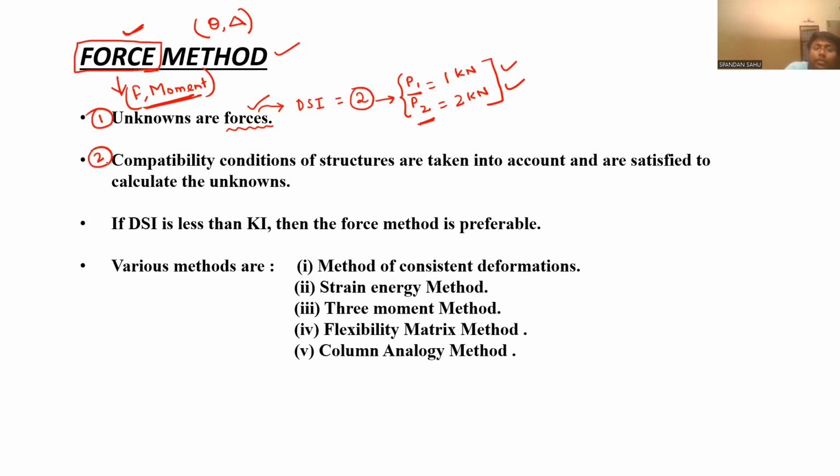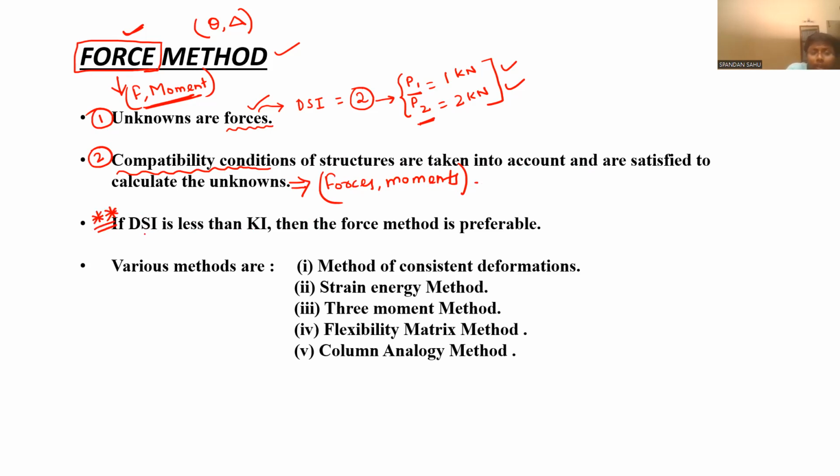The second step of this force method is that compatibility conditions of the structure are taken into account and satisfied to calculate the unknowns, and the unknowns here are forces or moments, which you will take as redundant. Now, this is the most important point.